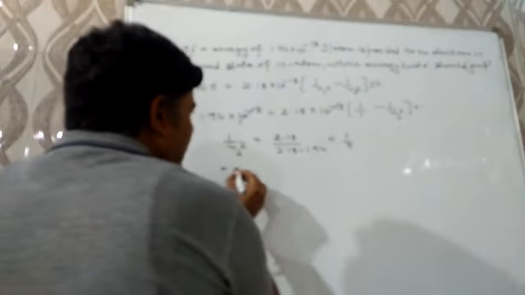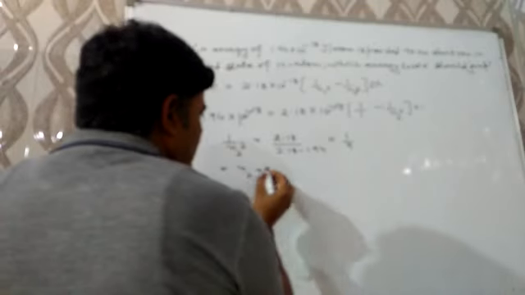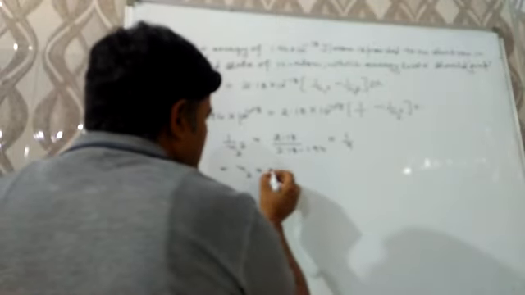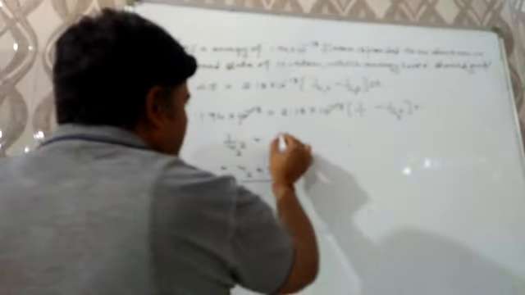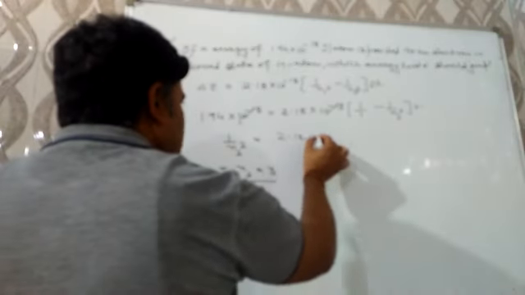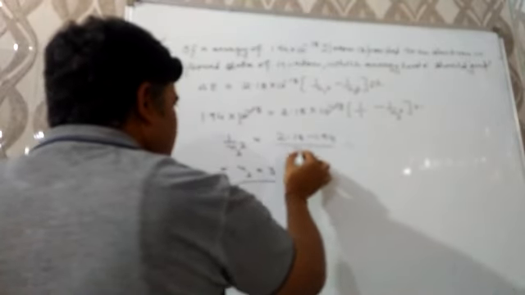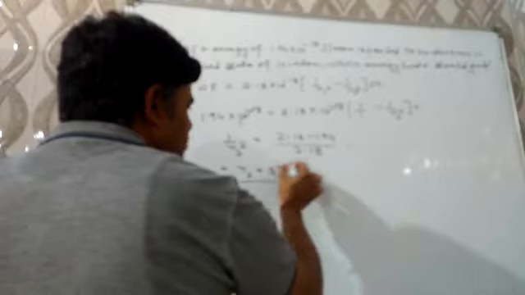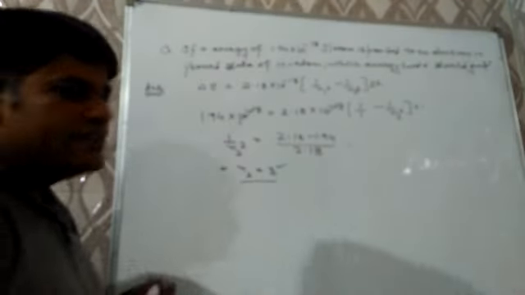So from here n2 comes out to be 3. The electron will jump to the third energy level. I hope you understand this numerical.